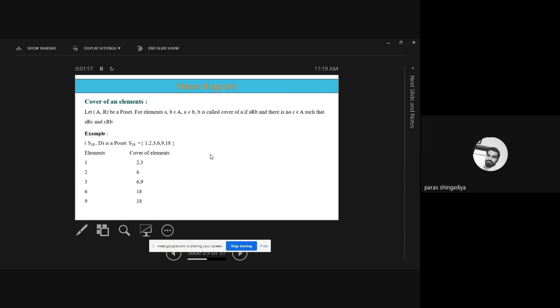First condition is that A is related to B as per the relation. Second condition is that no such third element exists between A and B, where we can have ARC relation and CRB relation. Such a third element related to both A and B should not exist. Clear? Then it is called the cover element of the given value.